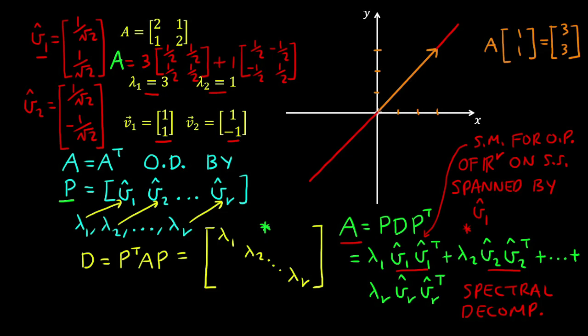So this unit vector looks something like this and has components 1 on root 2, 1 on root 2. And then the other eigenspace spanned by this basis eigenvector looks something like this. So both eigenspaces are orthogonal. So the basis vector for this case has components 1 on root 2 and minus 1 on root 2.